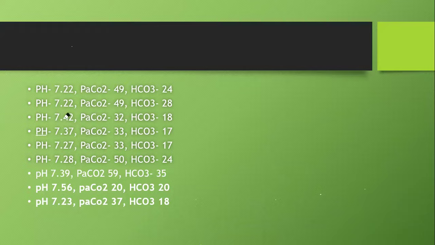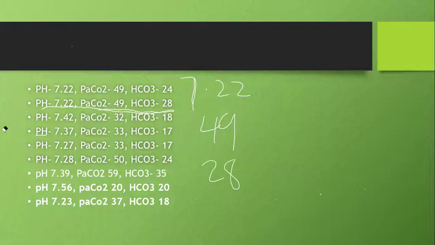Now I want a compensatory mechanism. Let's take the second example here. pH is 7.22. Carbon dioxide is 49. And bicarbonate is 28.